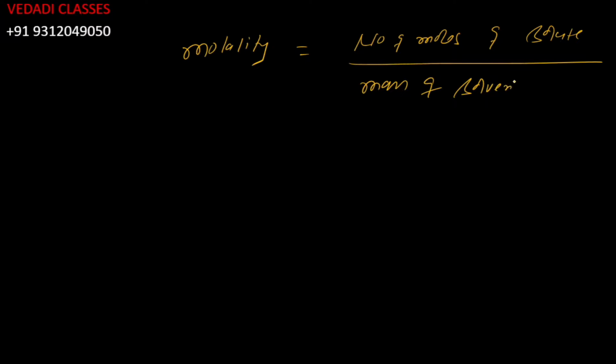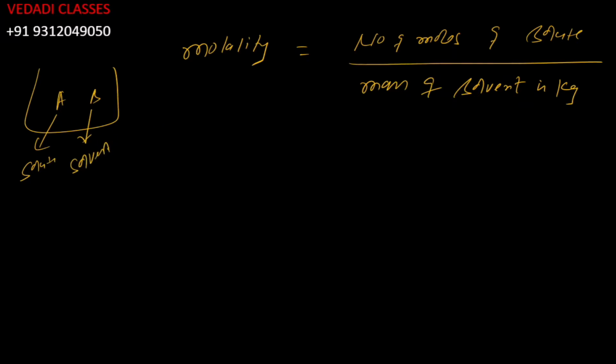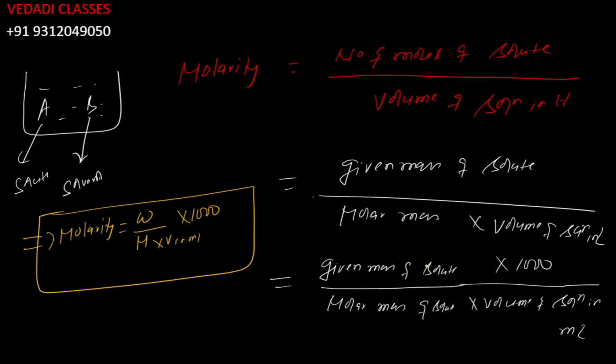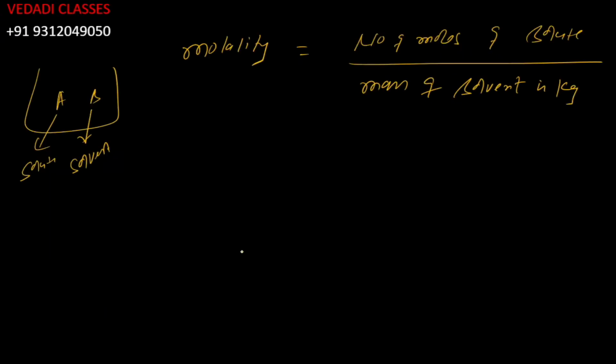This time we have to write the mass of the solvent in kilogram, not the solution. This is not the mass of solution. There are two components, A and B. One is the solute, the other is the solvent, and A plus B is the solution. Earlier we took the volume of solution, but here we will take the mass of solvent. So you should keep this in mind.